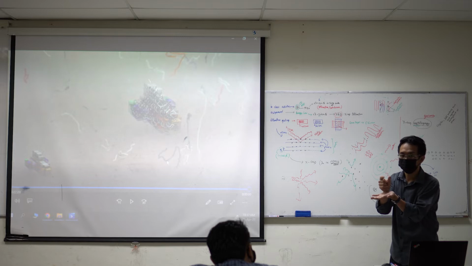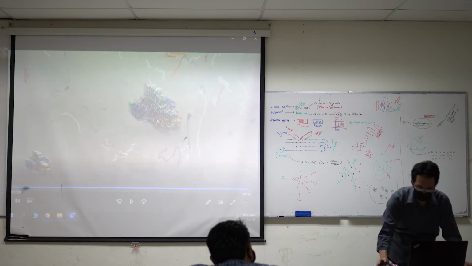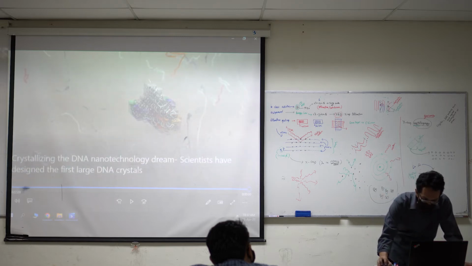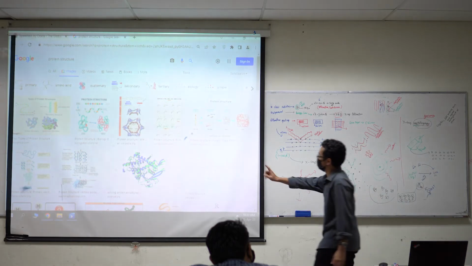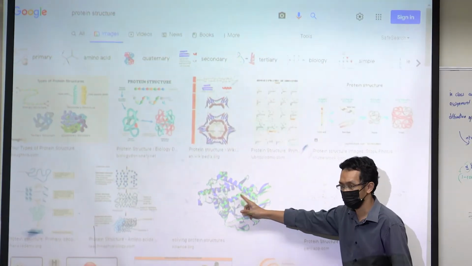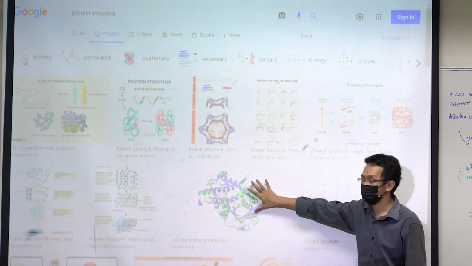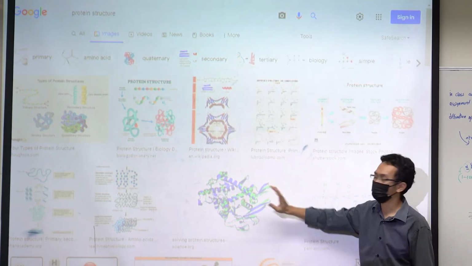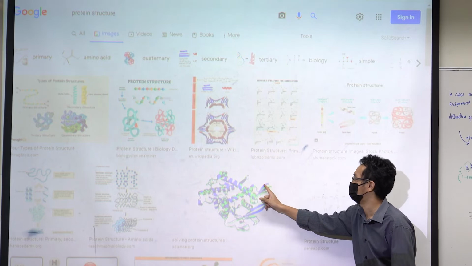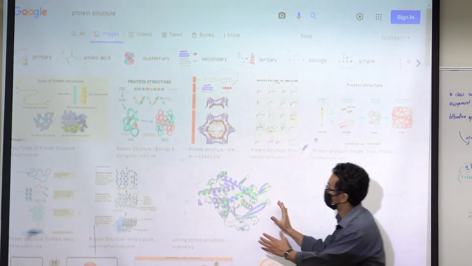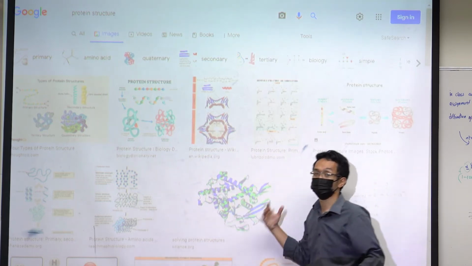But if you want to know the structure, which is basically the atom positions in space, you cannot use chemical analysis. Chemical analysis just tells you this is carbon, this is something else. But in order to get this structure, you need to use XRD.